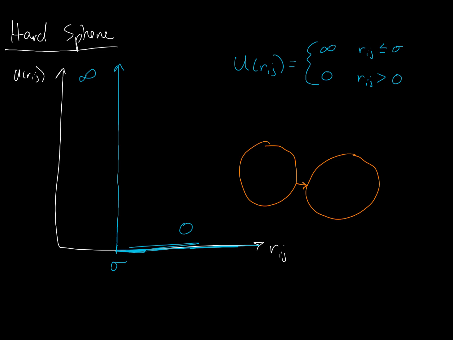Because molecules and atoms are not billiard balls, right? There can be some overlap. You just have some strong electrostatic repulsion associated with electron clouds overlapping. But it is not to say that it's impossible. One step up in complexity is the square well potential.